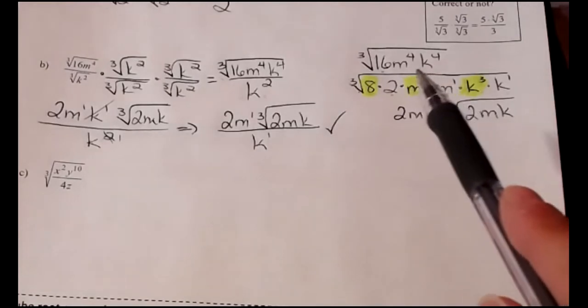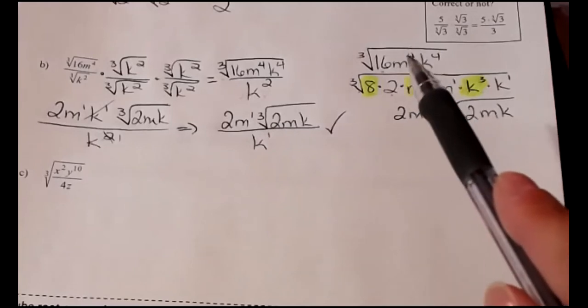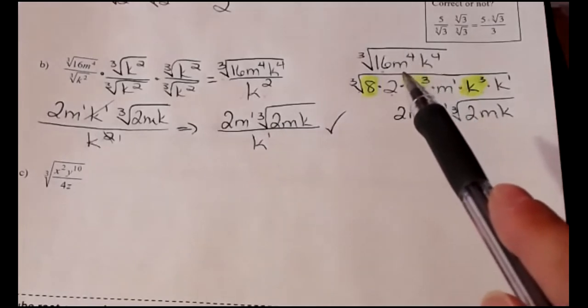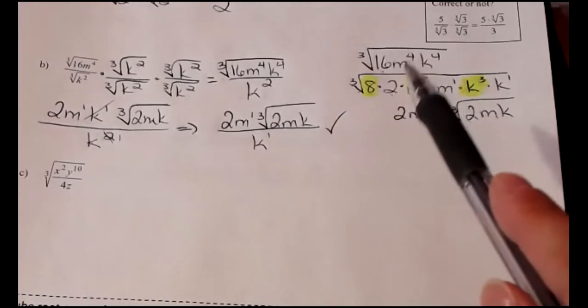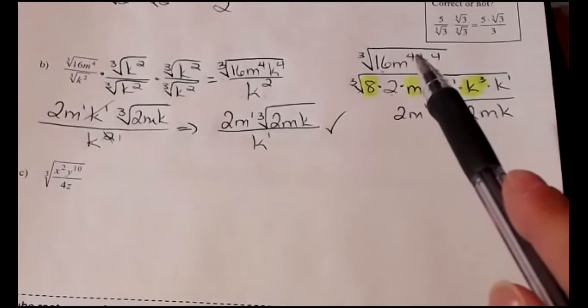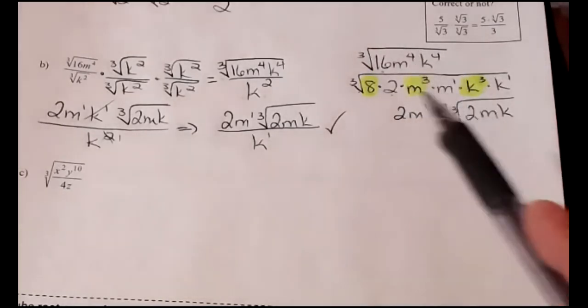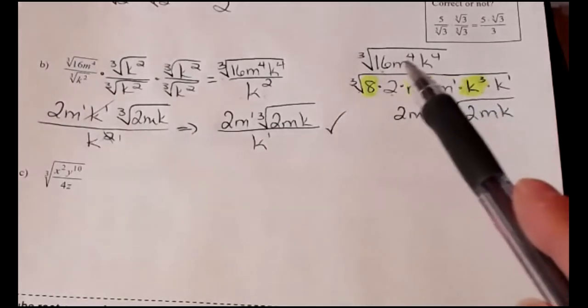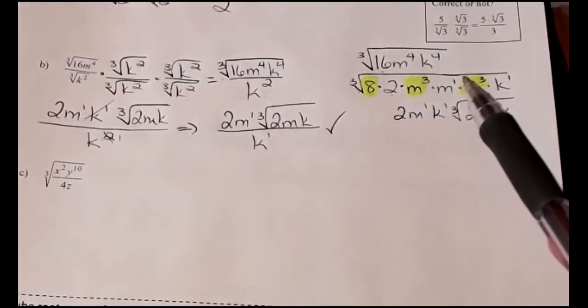The reason we break down the m to the fourth this way is because we always want to simplify your variable bases whenever the power is more than the index, right? Because this power is 4, we know 3 can't go into 4 evenly, but it can go into 3. So we break it down and say m to the fourth is the same as m to the third times m to the first.